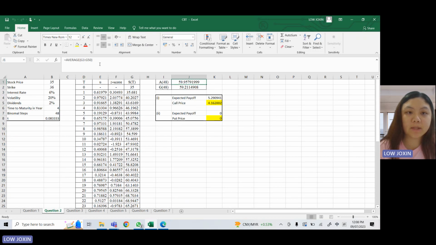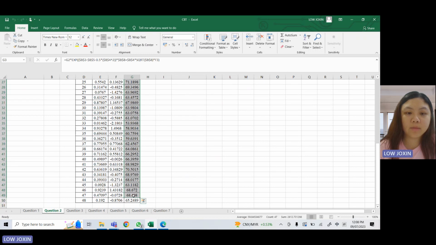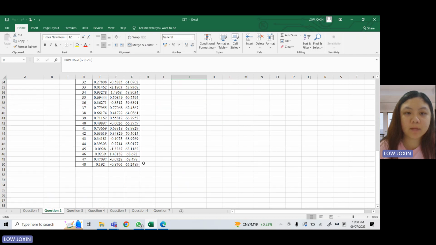So basically we find the average of all these stock prices. And we get the average, which is 59.957919999.